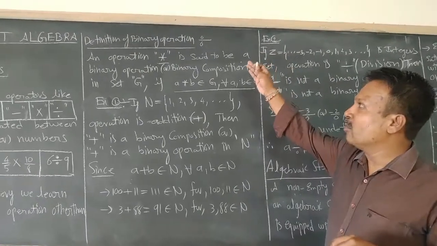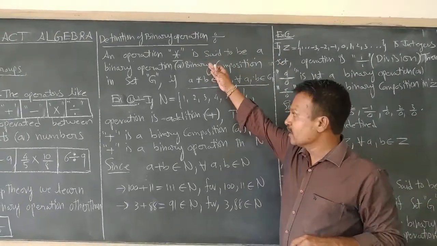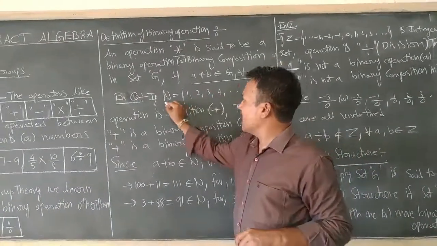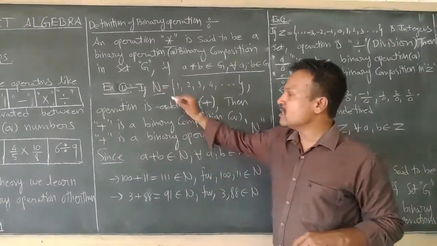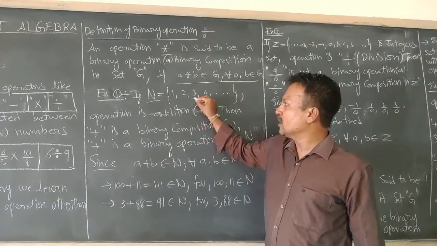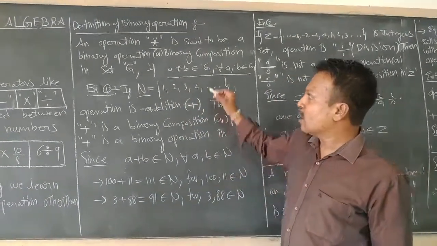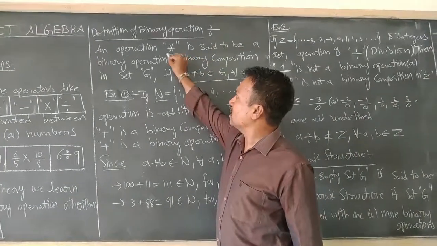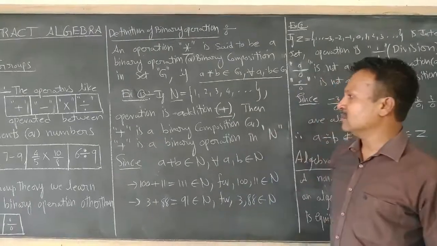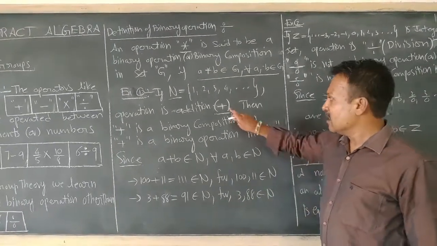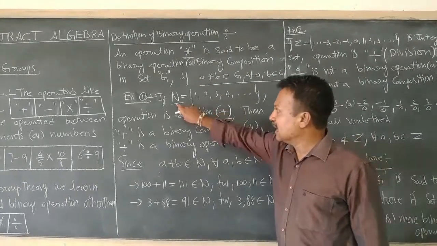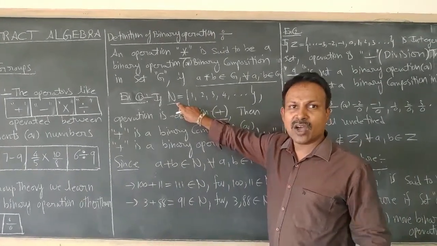To learn well about this definition, let us go for an example. Instead of G, I have taken N. What is N? Capital N contains all the natural numbers 1, 2, 3, 4, and so on. Instead of this operator star, I have taken the symbol addition. Let us see whether this operation plus is a binary operation in set of natural numbers N or not.